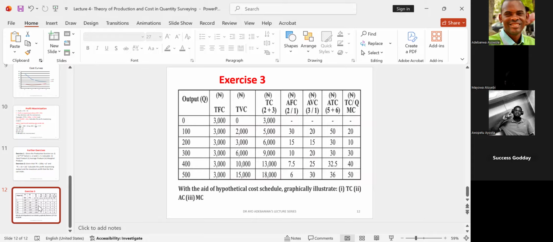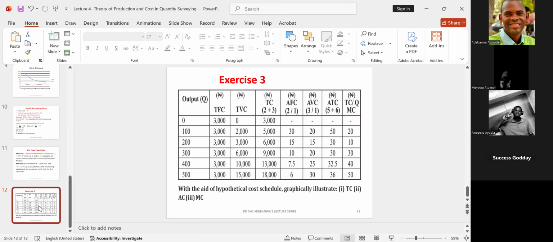You go to total cost, you have 5,000 minus 3,000, and that will give you 2,000, divided by change in output, which is 100 minus 0. So 2,000 divided by 100 will give you 20. But for the first output, which is output 0, there is no marginal cost. So that's how you do all those figures, and you will get them.